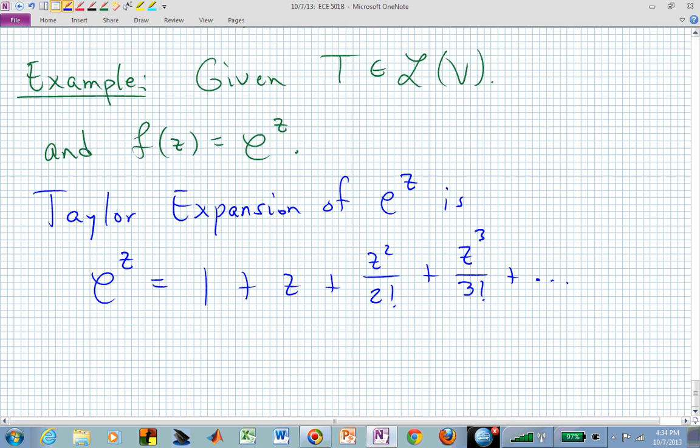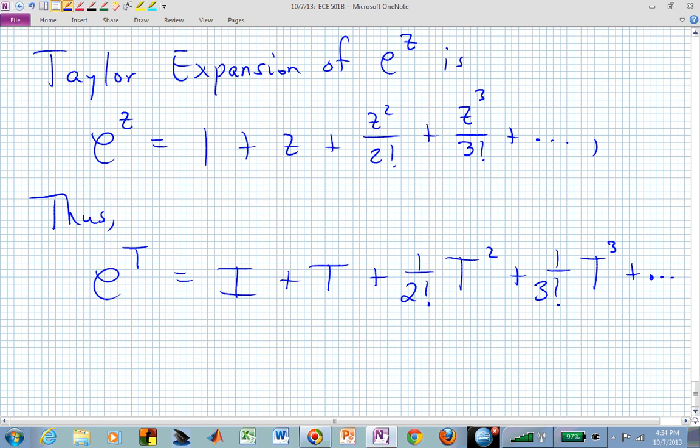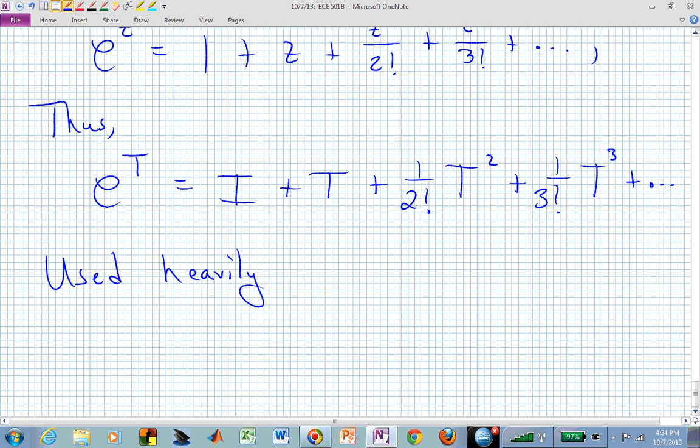And now we can say that if we wanted this matrix exponential, e to the T, that's going to be I plus T plus just a constant, 1 over 2 factorial times T squared, plus 1 over 3 factorial T cubed, etc. And this matrix exponential is used in a lot of things.